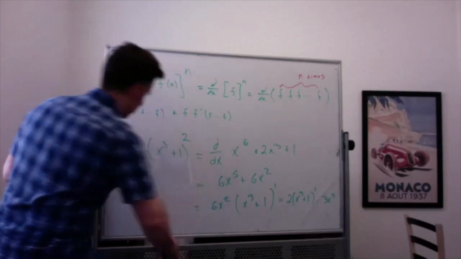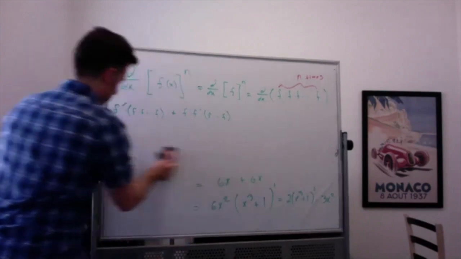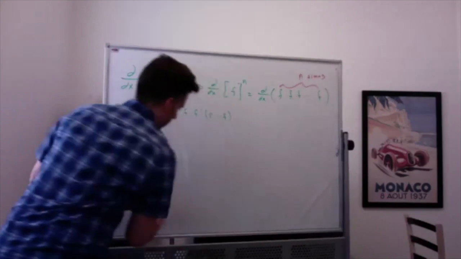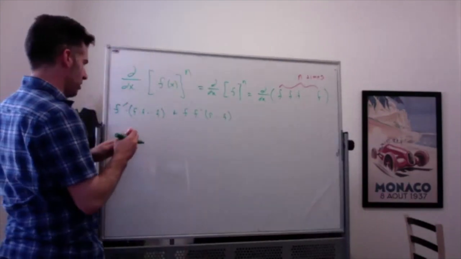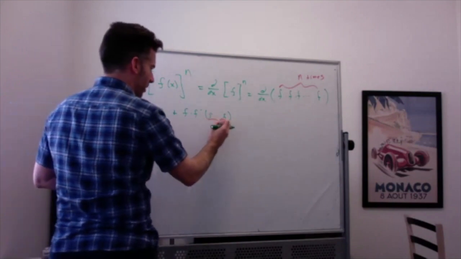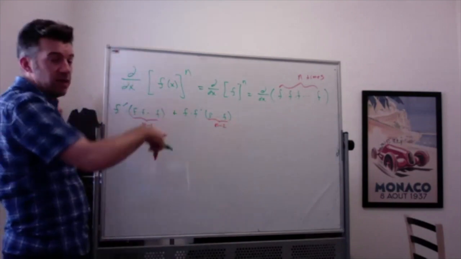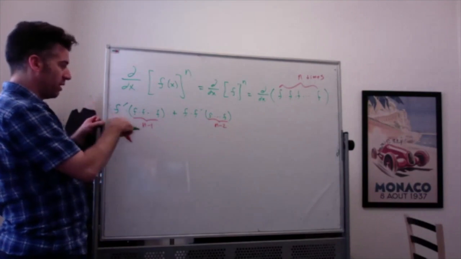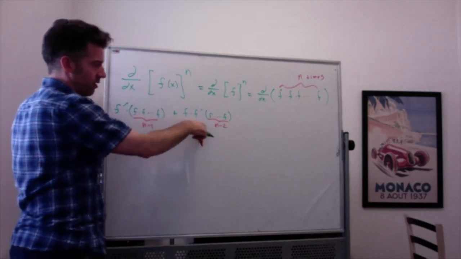And I should be a little more careful. The way I'm writing this, here there are n minus 1 f's over there. Right here there are n minus 2 of them, because there's n things in each of these. One thing here, n minus 1 things there. One thing here, one thing there, and then n minus 2 there.